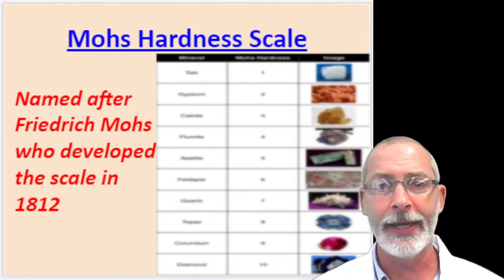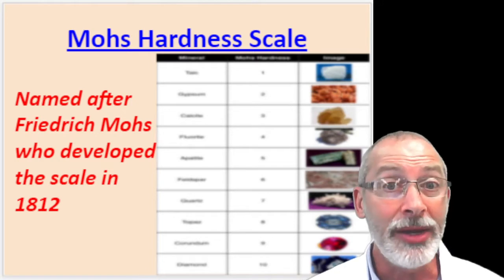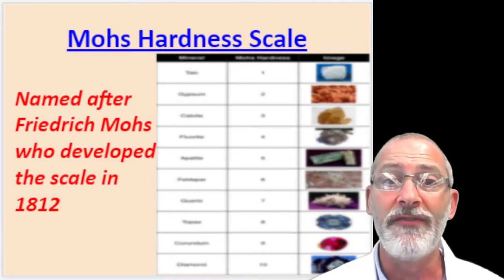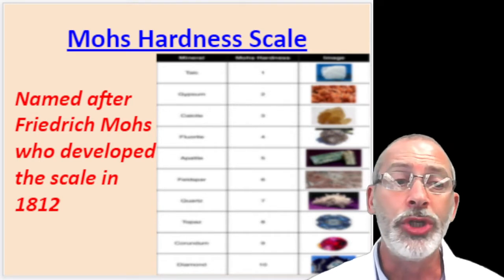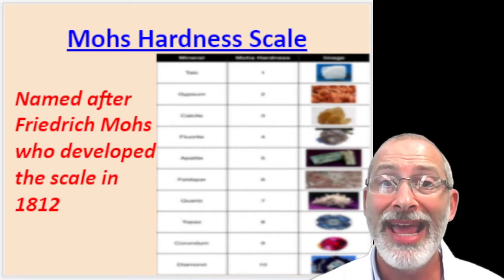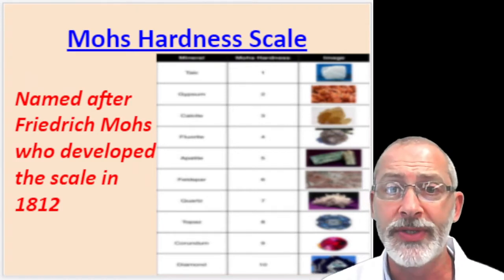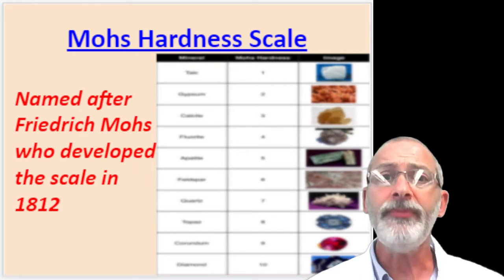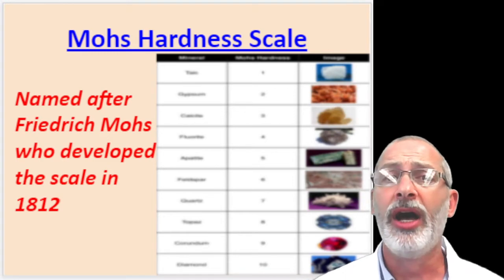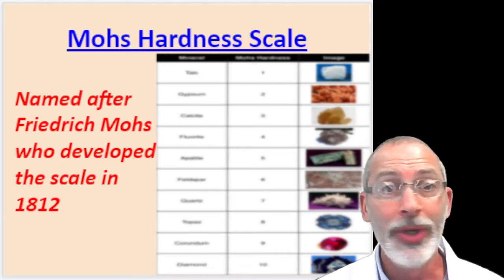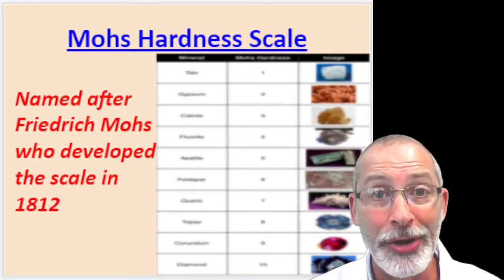Fort McHenry, yeah. So during that same year, that was a long time ago, Friedrich Mohs developed the scale, which is based on 10 minerals. You see, what Mohs did was he utilized his knowledge of mineralogy, the study of minerals, and he knew that some minerals were harder than others.